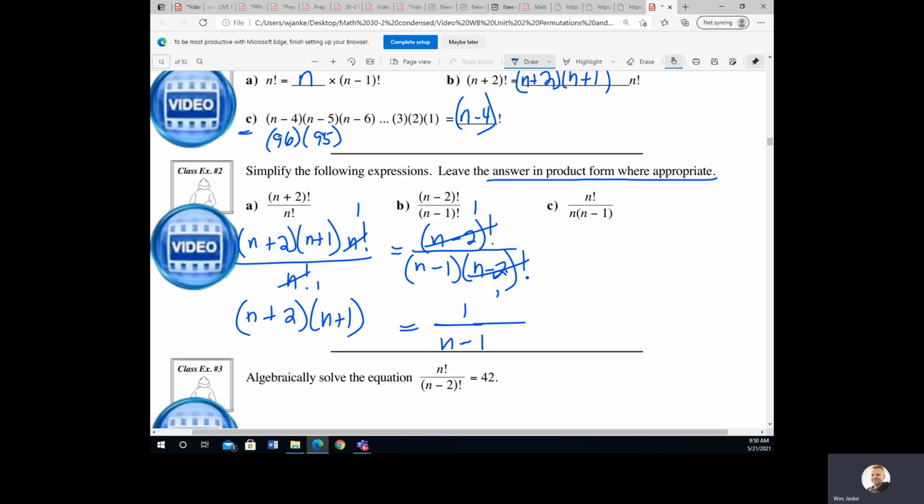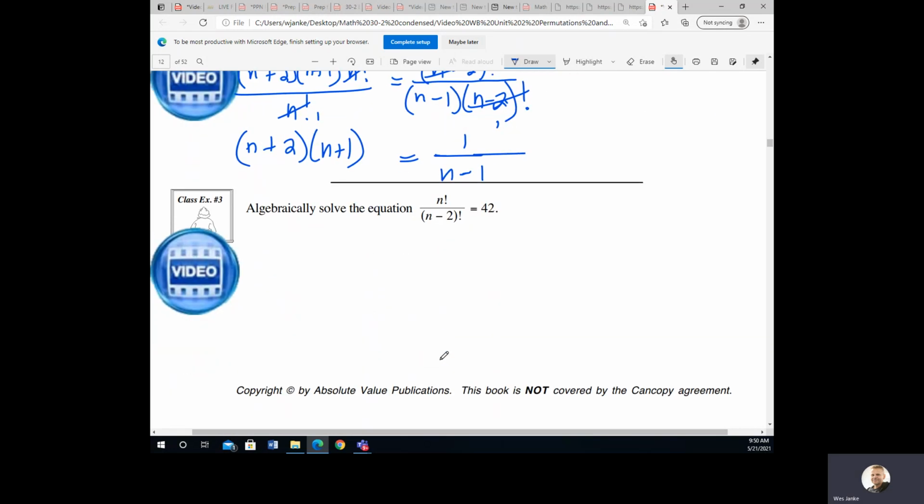Let's look at one more example. Example 3, algebraically solve the equation. So I'm going to do the same thing. I'm going to start by expanding out the bigger one, which is the top, n factorial. So I have n times n minus 1 times n minus 2 factorial.